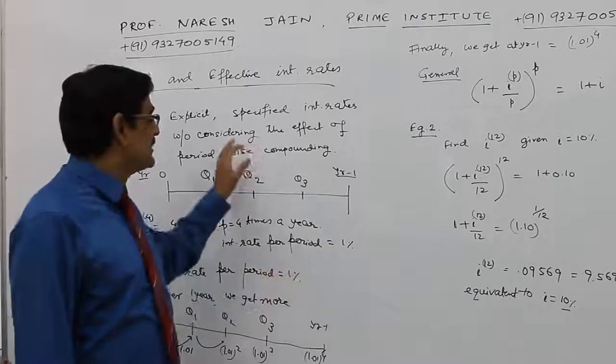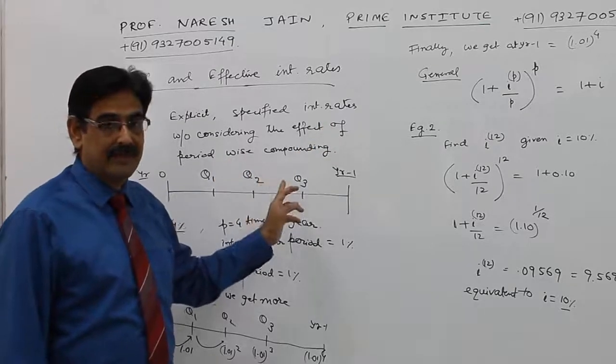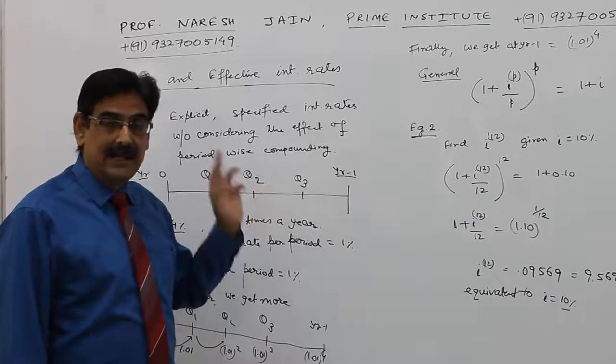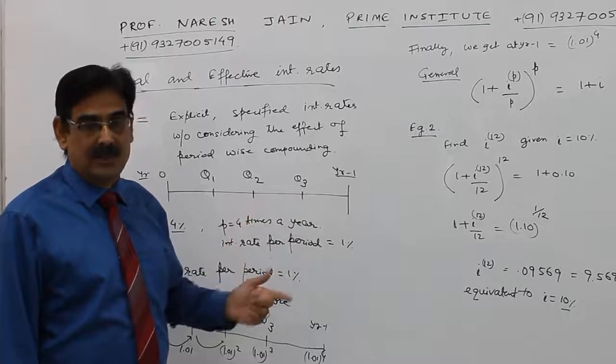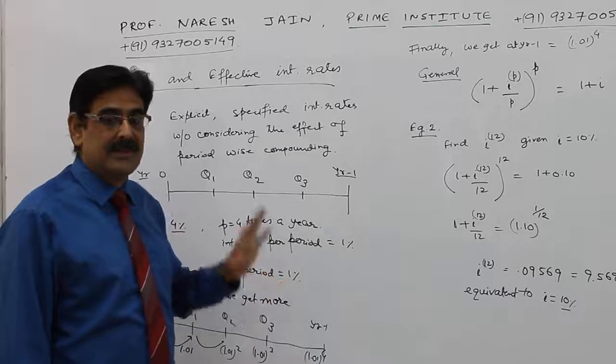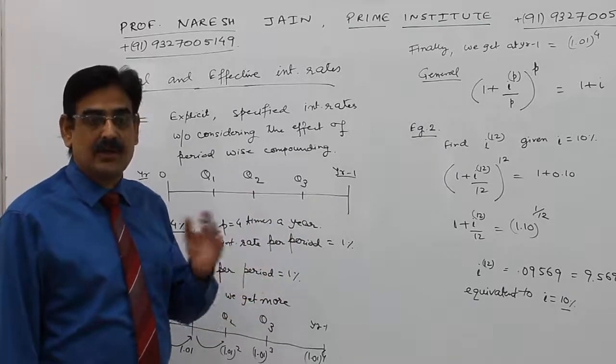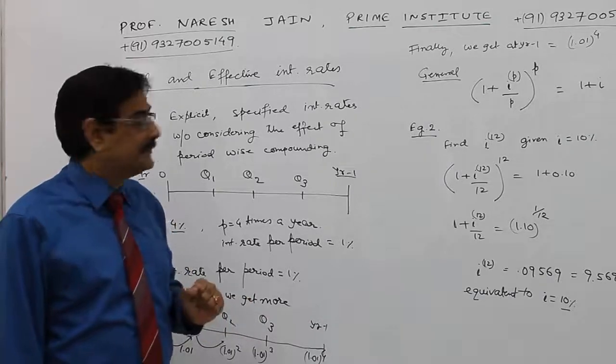Then they are called the explicit, specified, mentioned interest rates on the instrument. Mind you, they may be compounding every quarter or every half year, but the rate mentioned over the instrument is without considering the effect of compounding over the short-term period within a year.